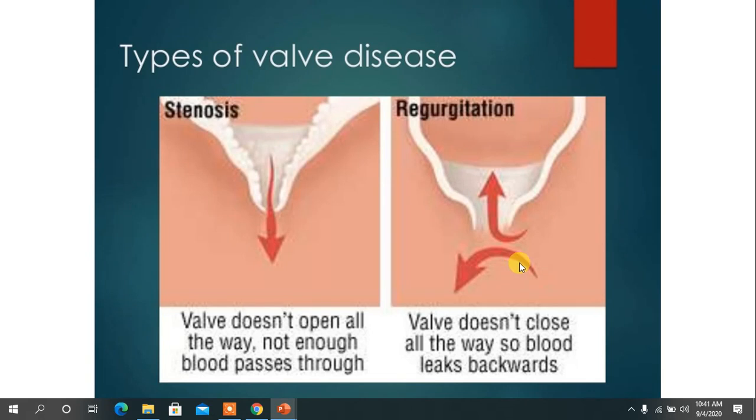When the ventricle contracts, the blood is pushed back into the atrium due to a defect in the valve, basically the tricuspid and mitral valves, but other valves too. So regurgitation means the valve does not close all the way, so blood leaks backward into the proximal chamber. That may be the left atrium or the right atrium, according to the valve. So stenosis and regurgitation, two types, are seen.